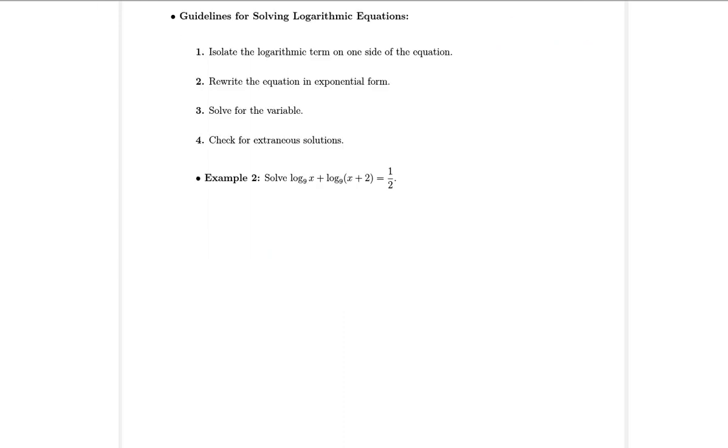All right, so just at the top of this page, on the next page of the notes here, we have guidelines for solving logarithmic equations. So number 1 says to isolate the logarithmic term on one side of the equation, number 2, rewrite the equation in exponential form, which we just did, number 3, solve for the variable, and then number 4 says check for extraneous solutions.